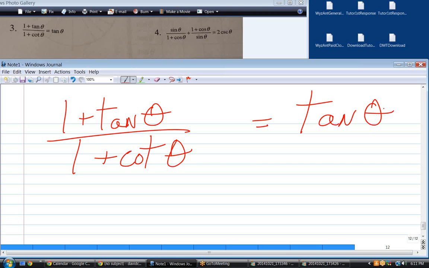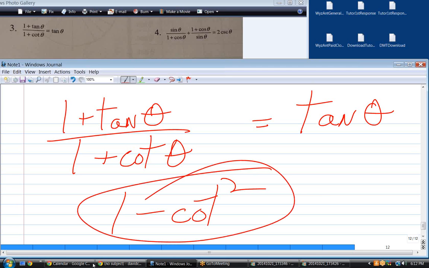Now, we see this thing on the left that looks like, well, if I multiplied that by its conjugate, I'll end up with 1 minus cotan squared in the denominator. But that's not an identity.